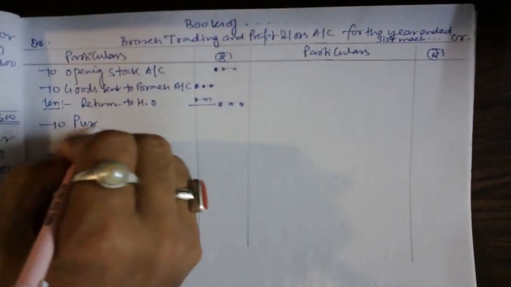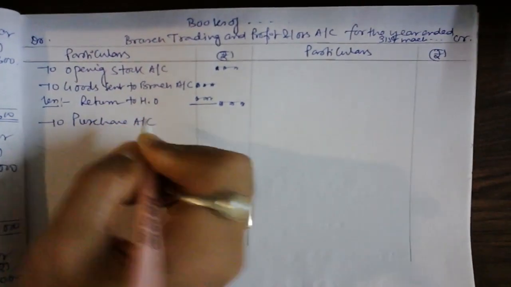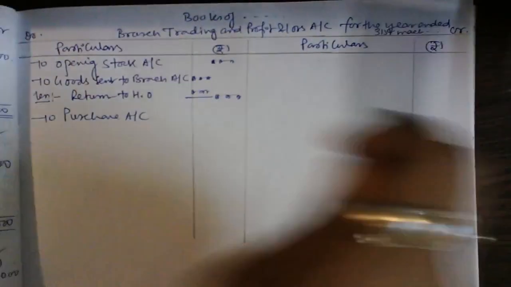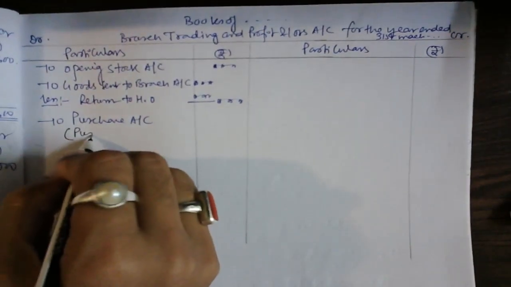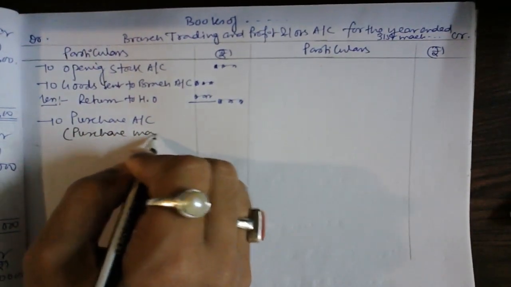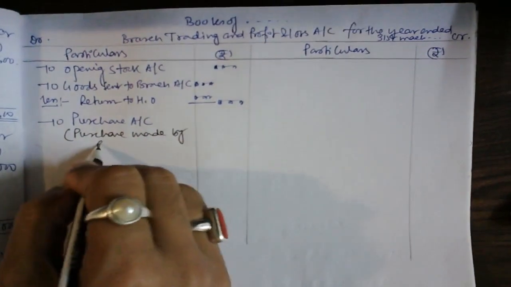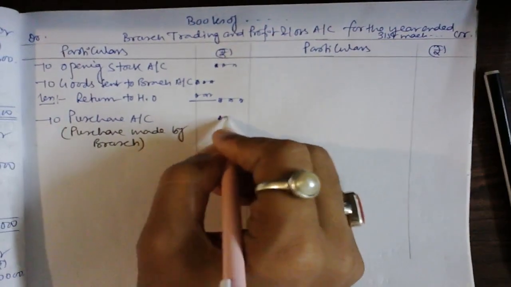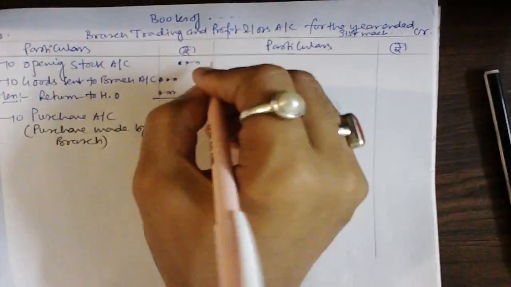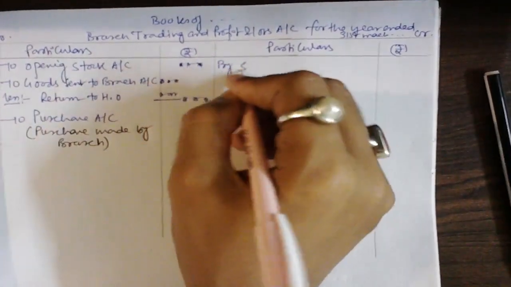To purchase account. The purchase means here the direct purchase made by the branch. Now by sales.